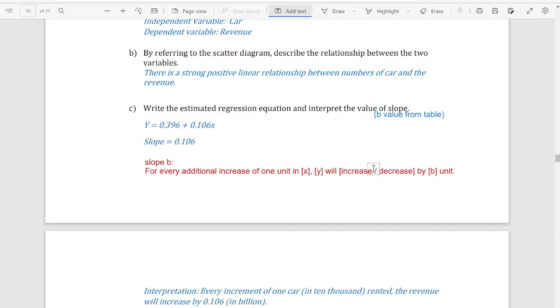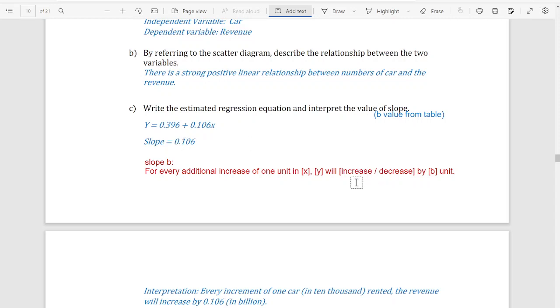So mana satu nak guna? Increase ke decrease? The increase or decrease over here depends on the value of B. Kalau nilai B adalah positif, then increase. Kalau nilai B adalah negatif, then decrease.